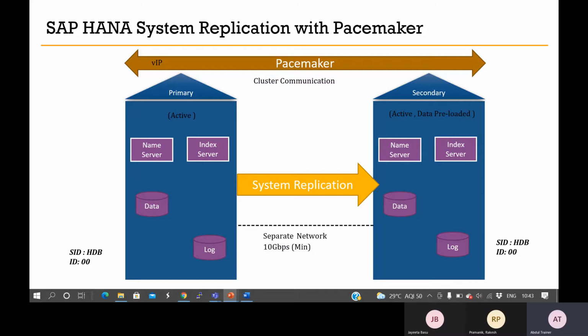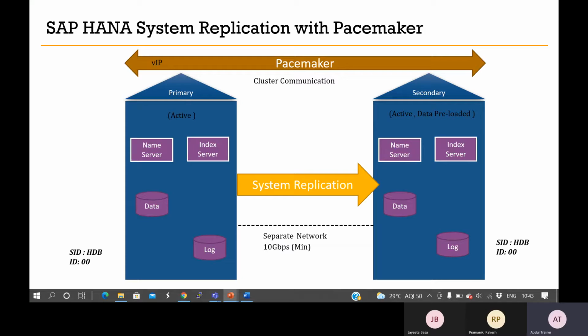All your applications are connected to the virtual IP address. So you don't need to change anything at the application side, in the default profiles, or in the HDB user stores, if you are using the pacemaker, because pacemaker does the auto failover.